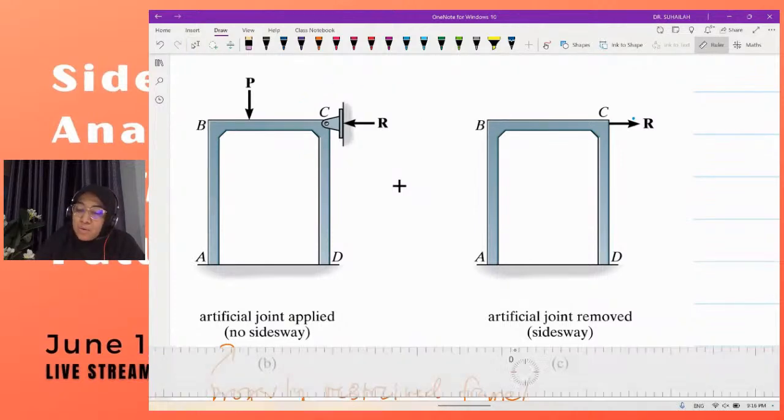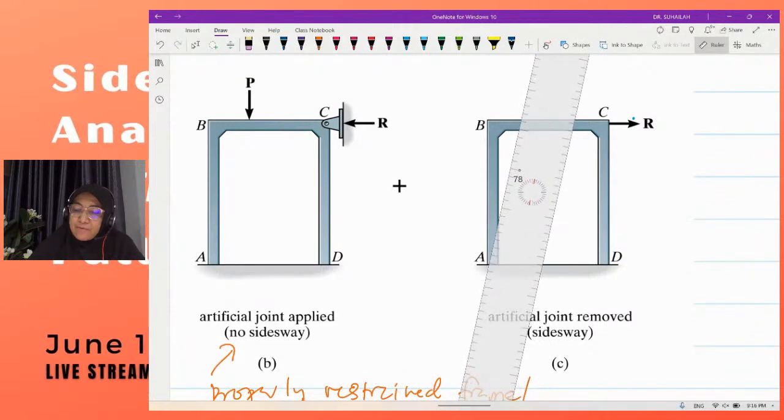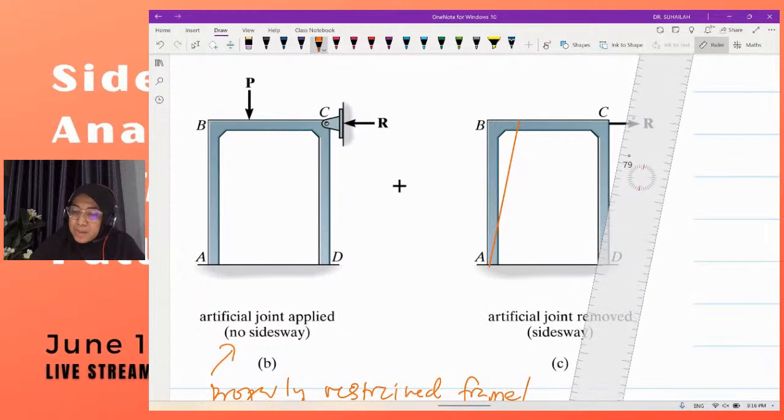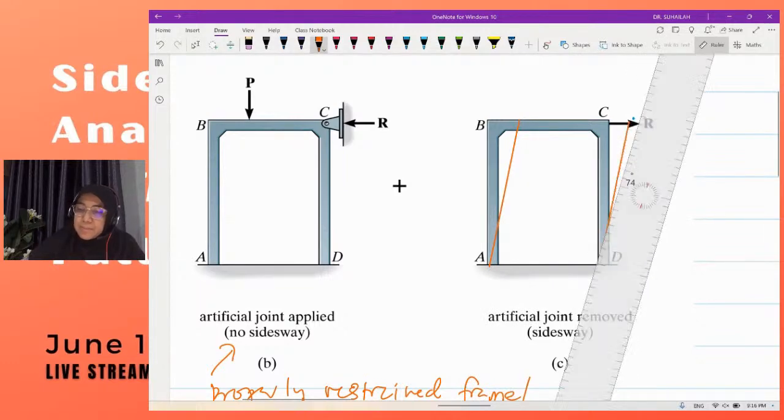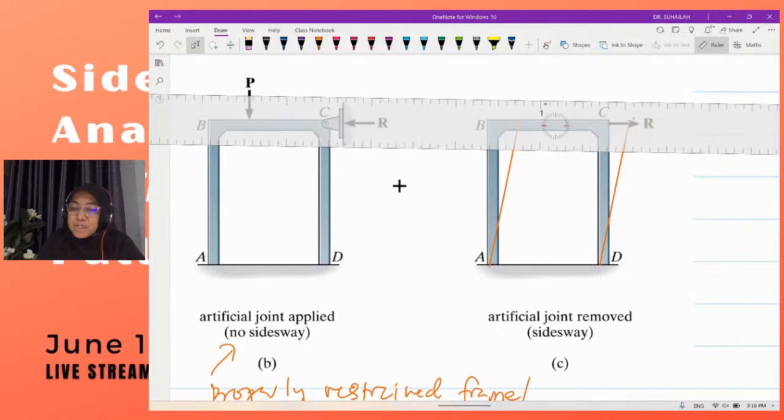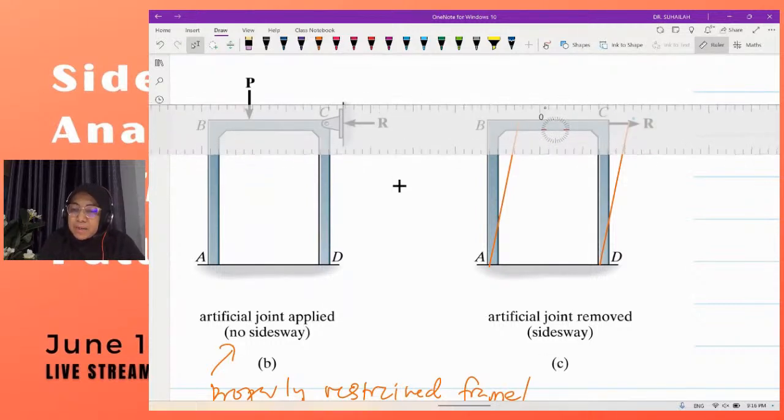So due to delta only, we will have this as well as this. We have to measure the horizontal movement.